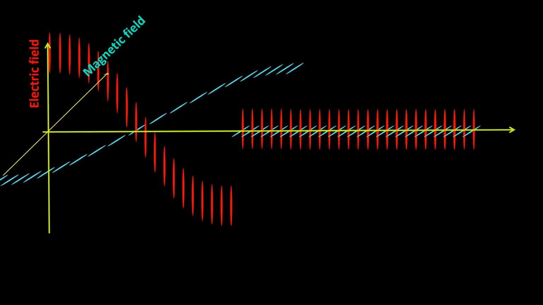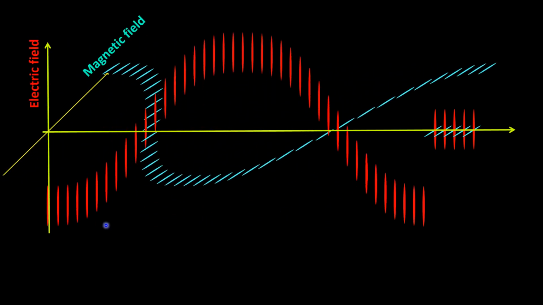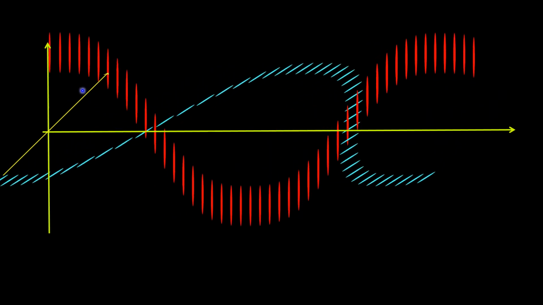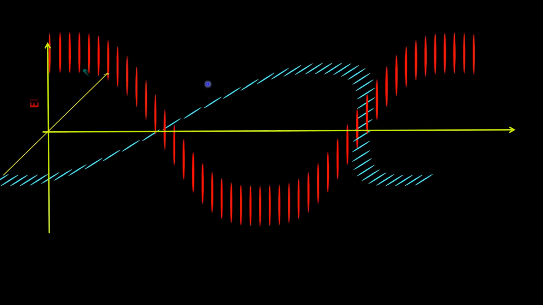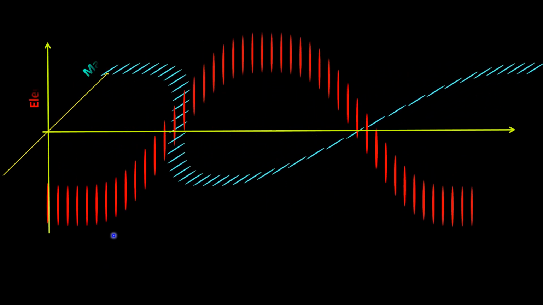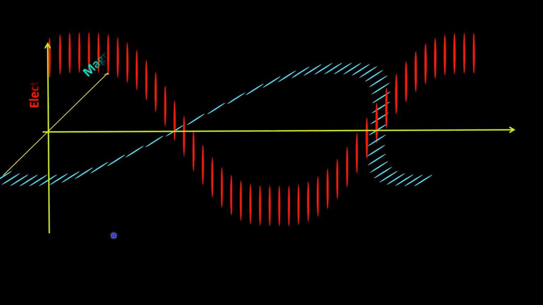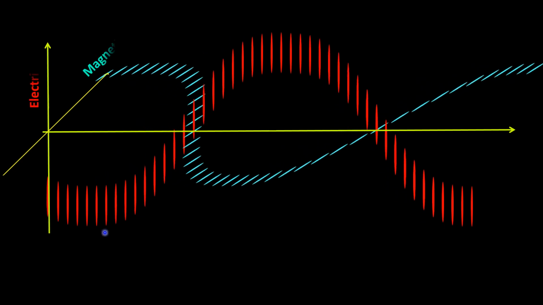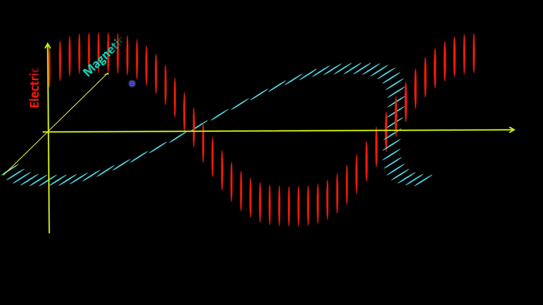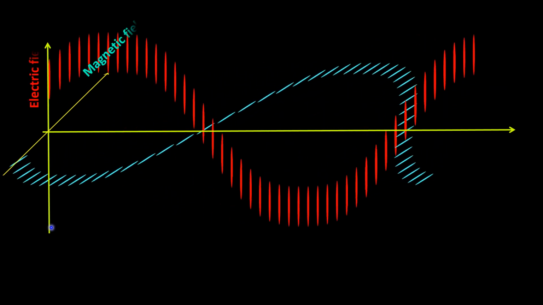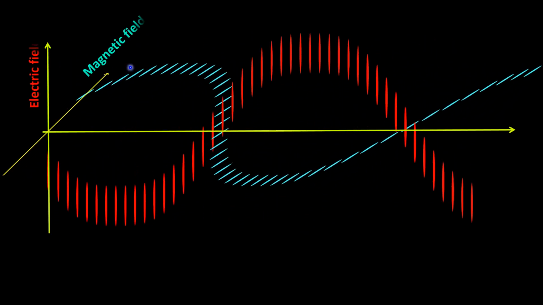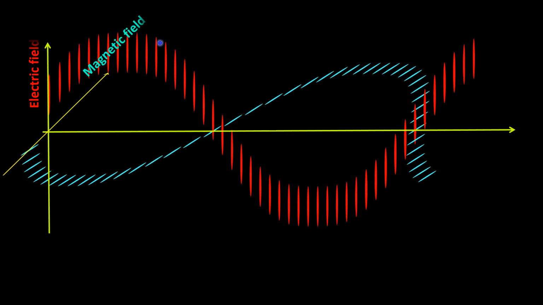You can also see in this wave red portions and blue portions. The variation of the red part is the variation of the electric field, and perpendicular to this, the blue part is varying like this.